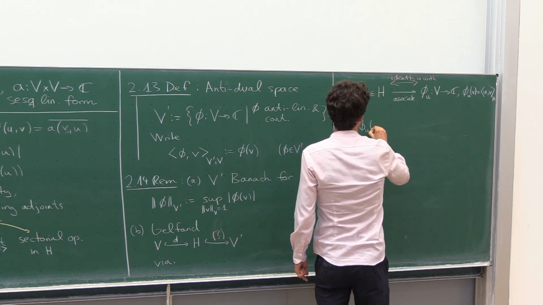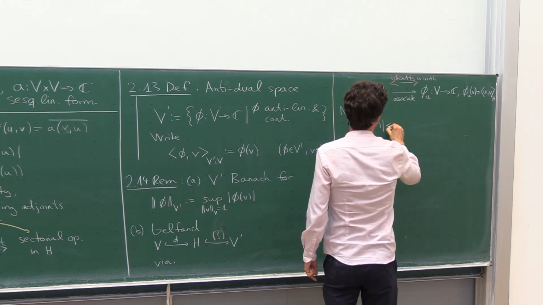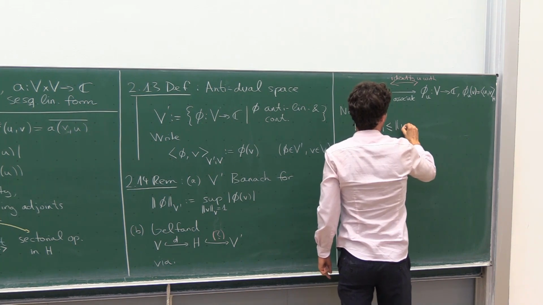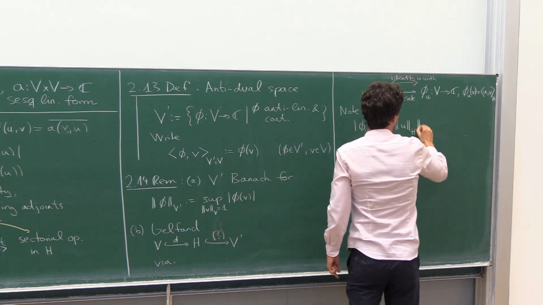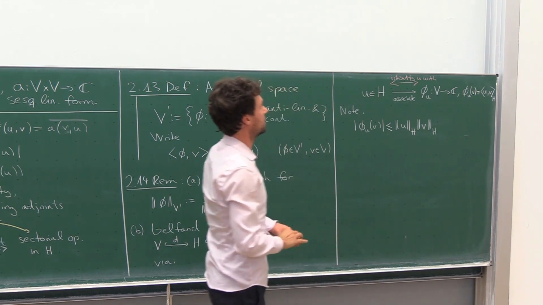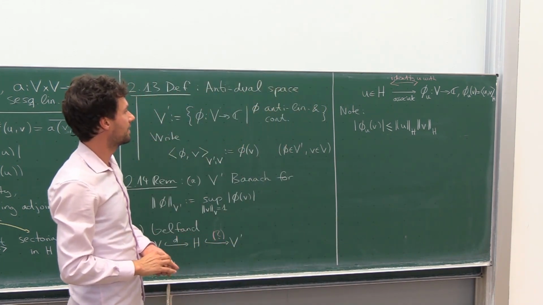To see that, note that phi U of V in absolute value, if you just apply Cauchy-Schwarz inequality in H, and so sometimes wise people say it is just Cauchy-Schwarz that gives you everything.